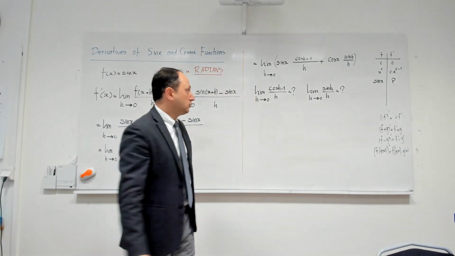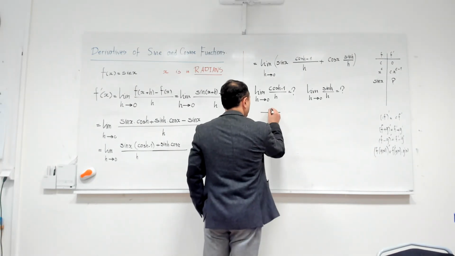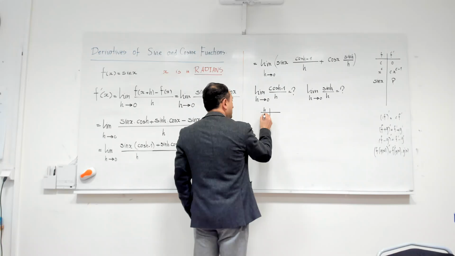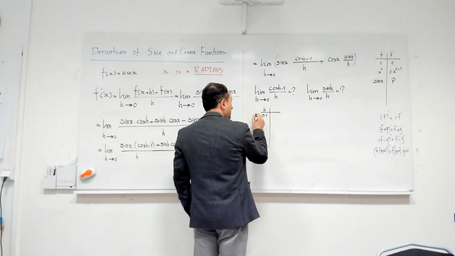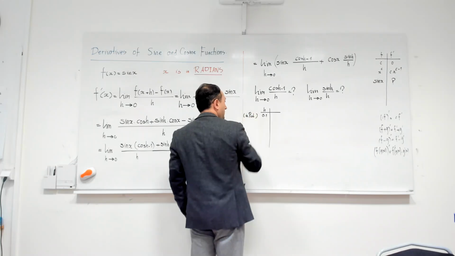Or you can take your calculator and make a table for yourself, for example starting from 0.1, in radian mode. This is extremely important, in radians.